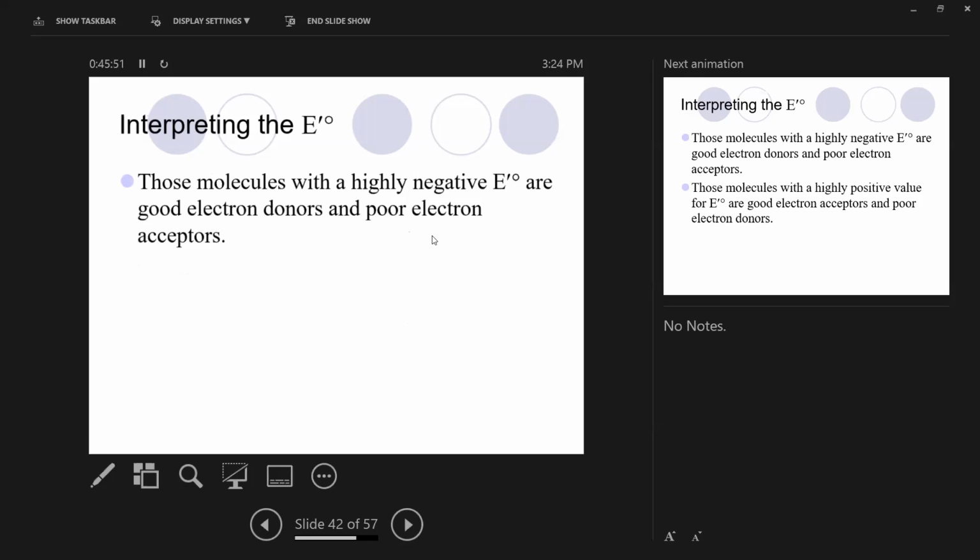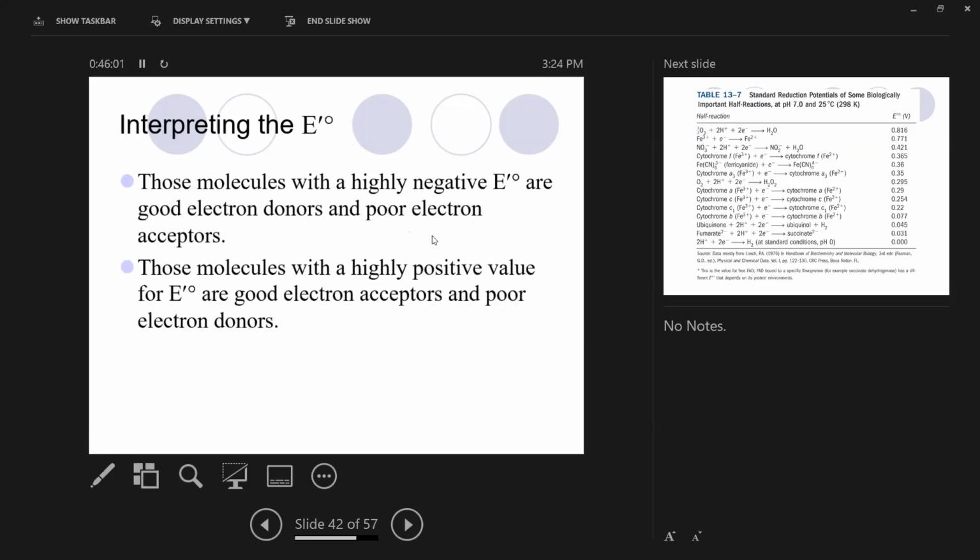If those numbers are really highly negative, it means they're good donors and lousy acceptors. If those numbers are highly positive, then they're great acceptors and lousy donors. You can guess what oxygen is. Oxygen's on the positive side of the street. It's the Gordon Gekko of electrons.